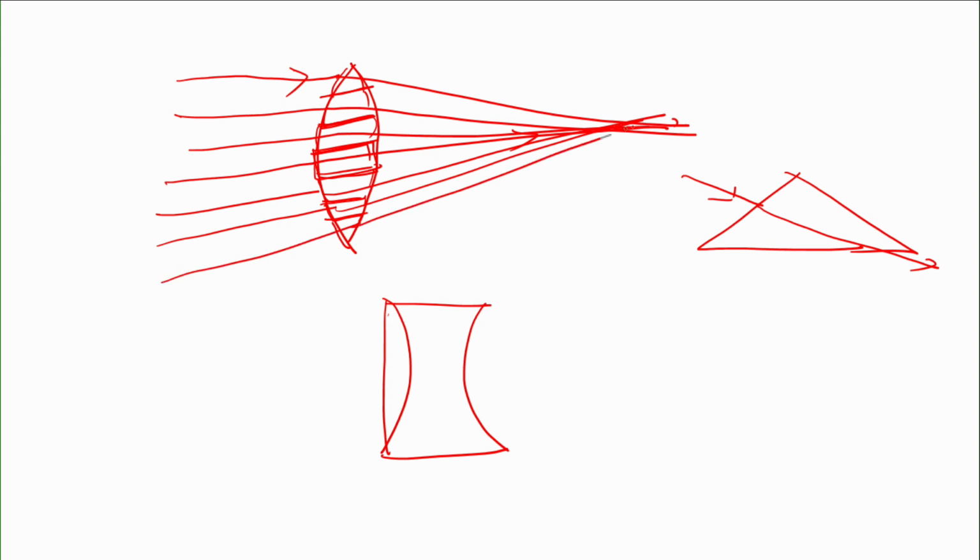It bends towards the point, meaning all light rays converge at one point. For that reason, a convex lens is said to be a convergent lens. We will get a real image by using a convex lens.